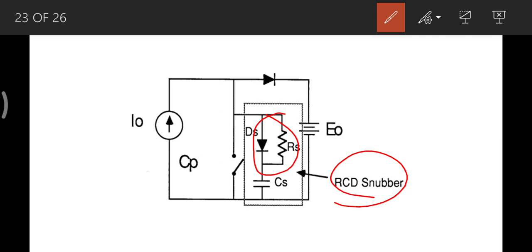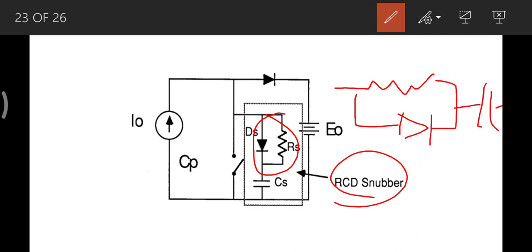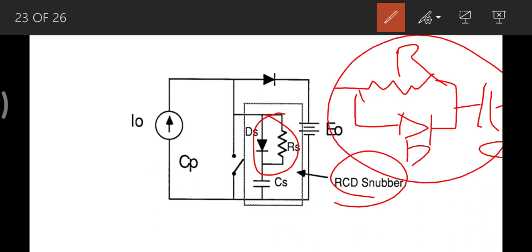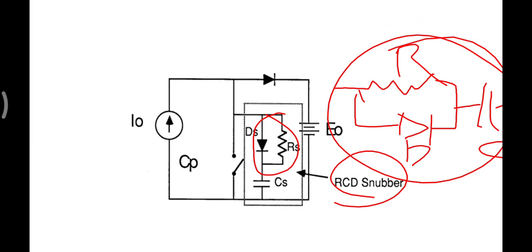So the entire combination is the resistor, diode and capacitor. This is the basic circuit diagram for the RCD snubber circuit. Resistor R and diode D are connected in parallel, and this set is connected with a series capacitor CS.